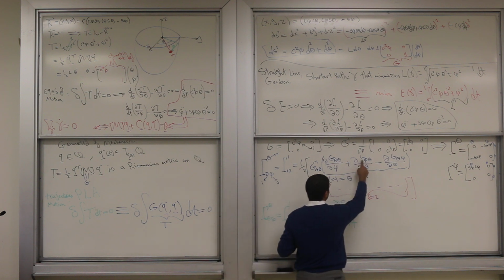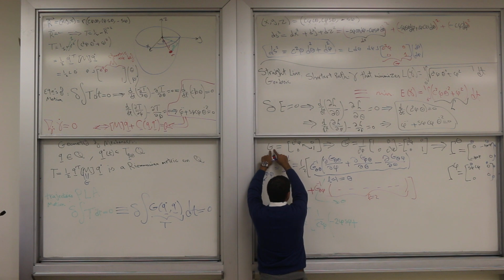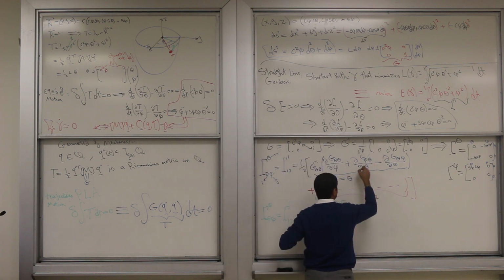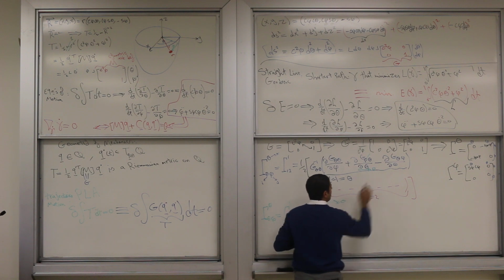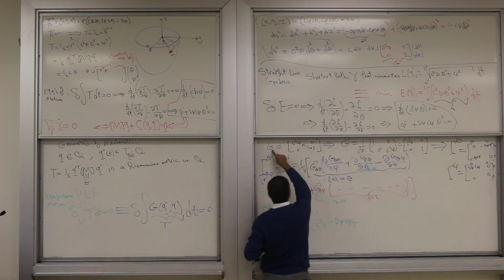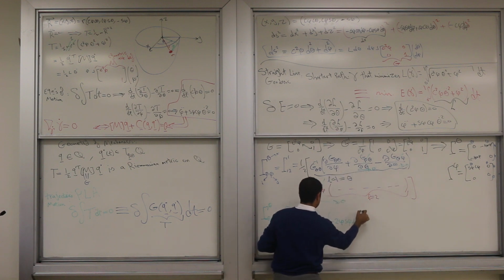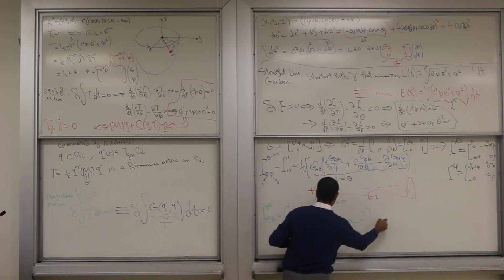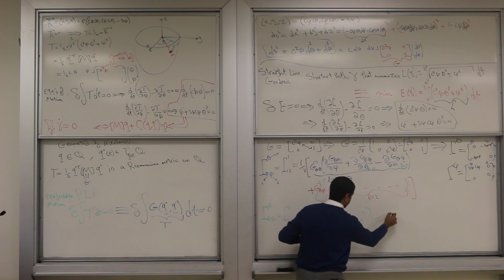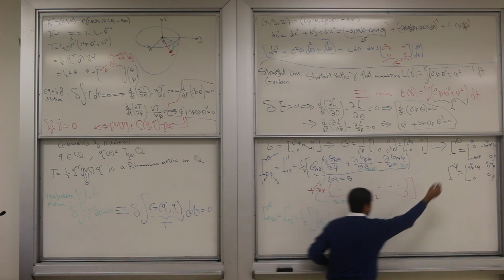Plus G phi theta, here is G. Phi second row, theta first, so this is 0. G theta phi is 0. So we're done. And you can see that this is indeed -tan phi, which we have here.